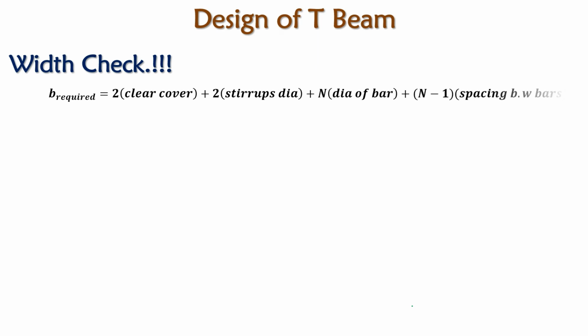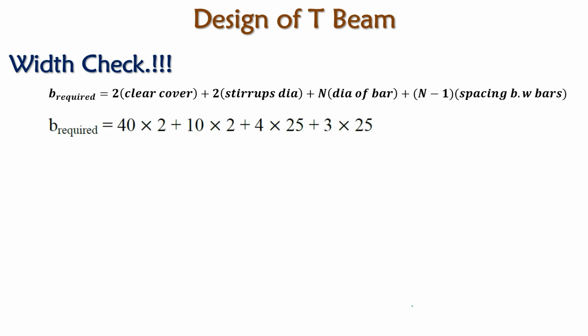The next one is the width check. The third check is the width check. We have to check whether the web width of the beam is enough for the provision of steel or not. The required width for a beam is always equal to 2 times clear cover plus 2 times stirrup dia plus n times the dia of bar plus the spacing between bars. When we calculate this, it is equal to 275 millimeters, and we have a total available width of the beam of 300 millimeters.